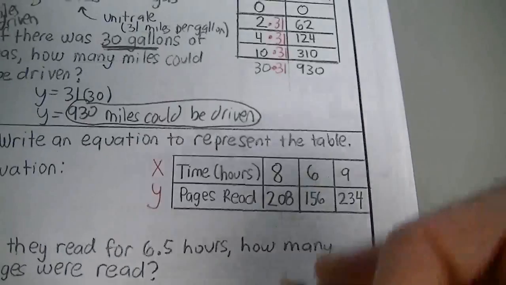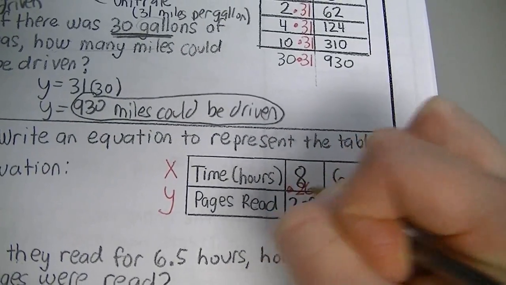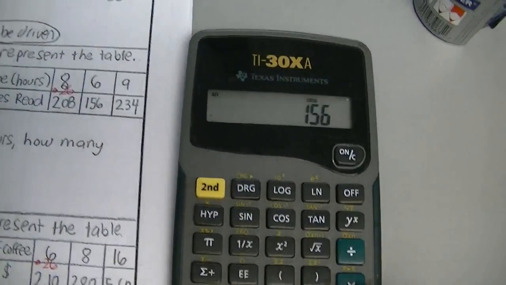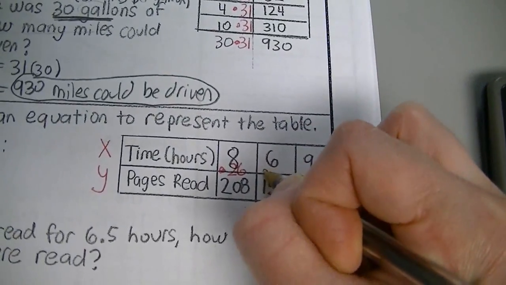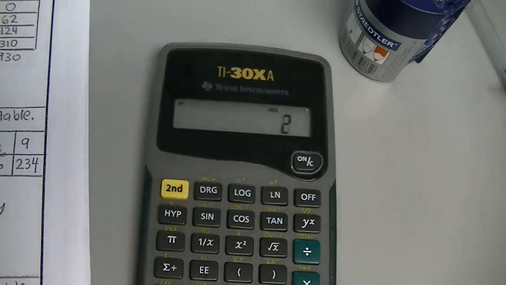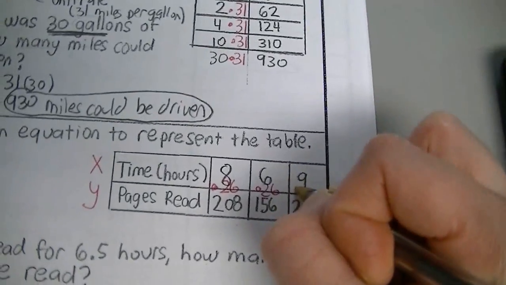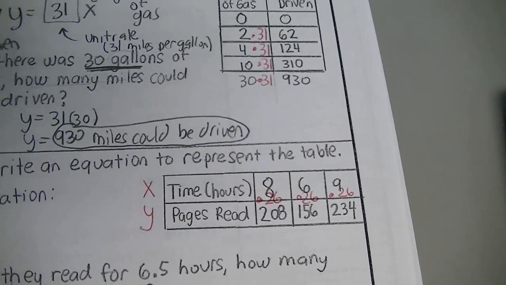Oops, wrong one. 208 divided by 8 is 26. Sorry. 156 divided by 6. Oh, that's also 26. And 234 divided by 9. That is also 26.